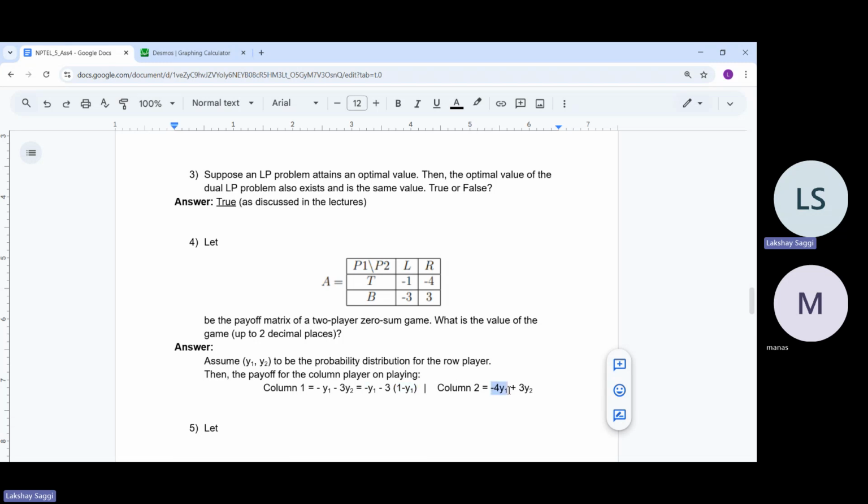Similar thing we'll try to do for the column 2 player now. For column 2, we have minus 4y1 plus 3 times 1 minus y1. This is now what I want to plot. The payoff is on the y-axis, and it is equal to minus 4y1 plus 3 times 1 minus y1.